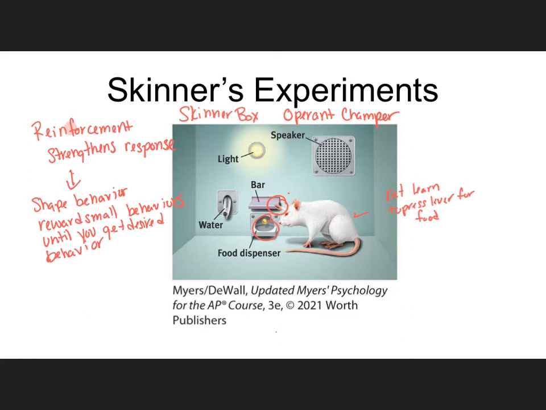In addition, once you've shaped their behavior and created reinforcement, they might learn discrimination as well. We talked about this with classical conditioning. It also happens in operant conditioning. Discrimination is when they can tell the difference between two types of stimulus.